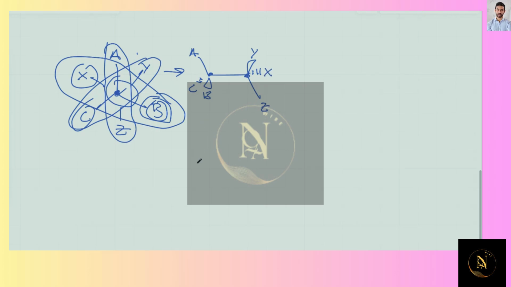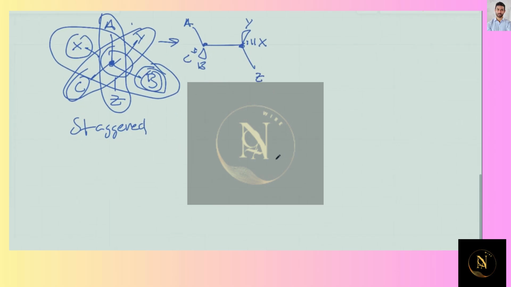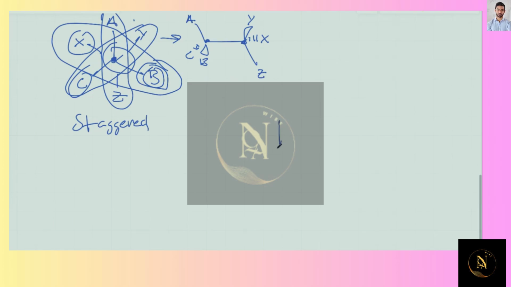Okay, now the other option is that we look at eclipsing. That's when we have in the front A, B, C, but then X, Y, and Z are not in the empty spots on the side, but overlapping essentially.